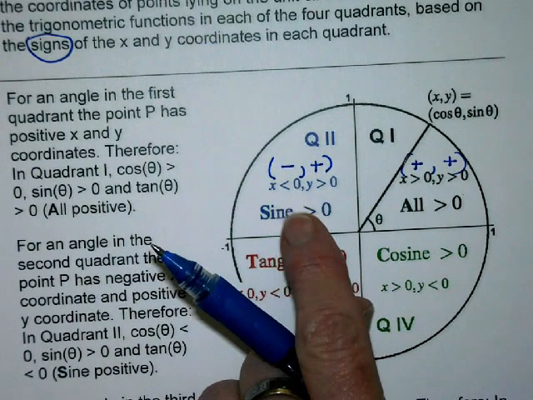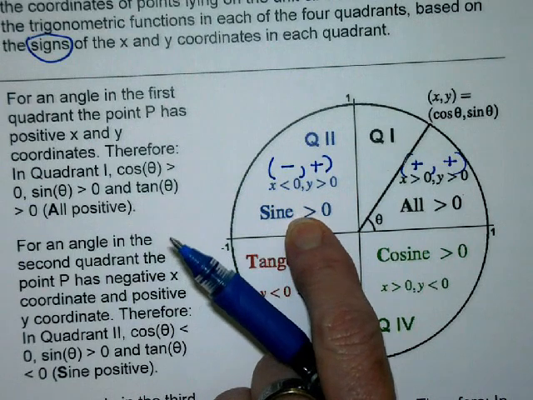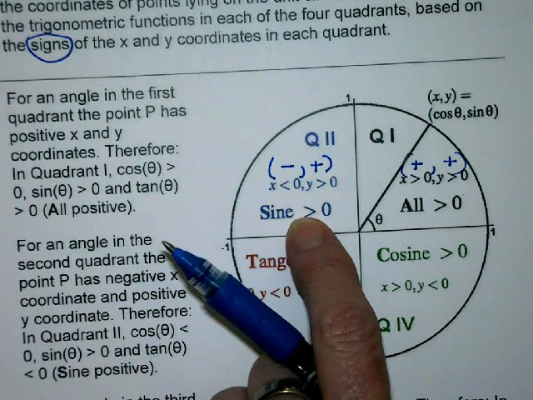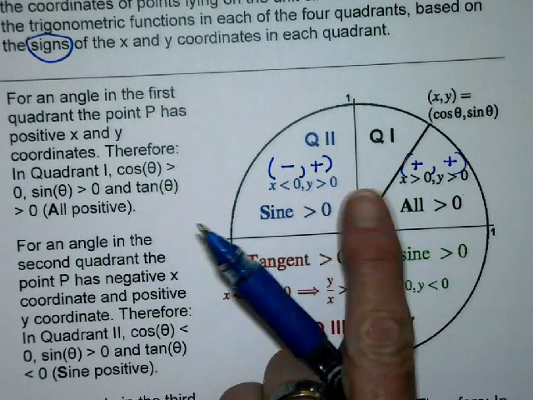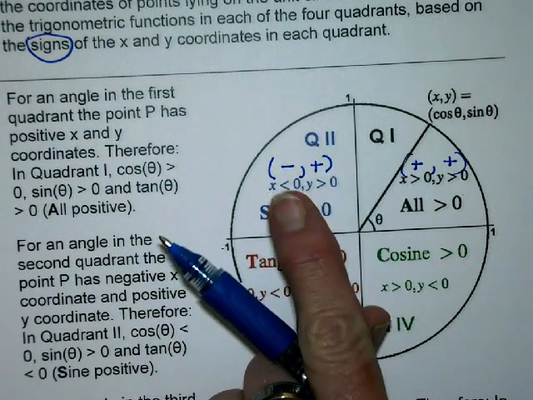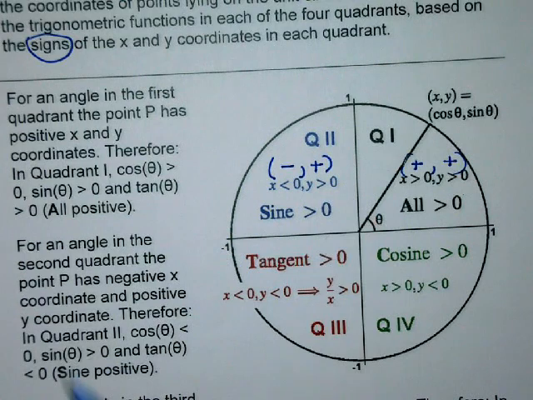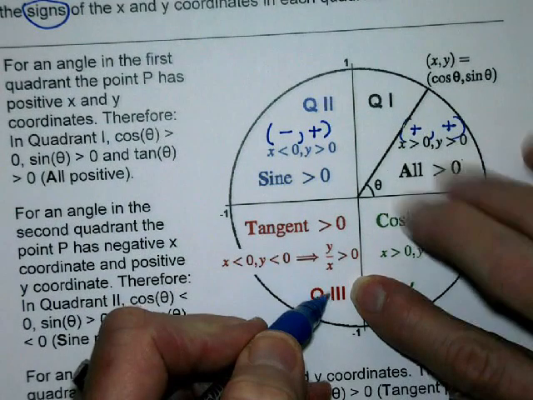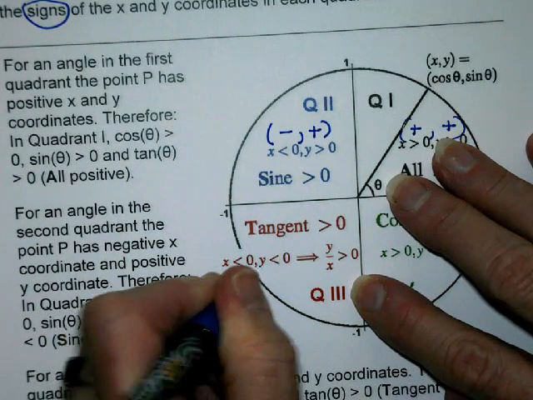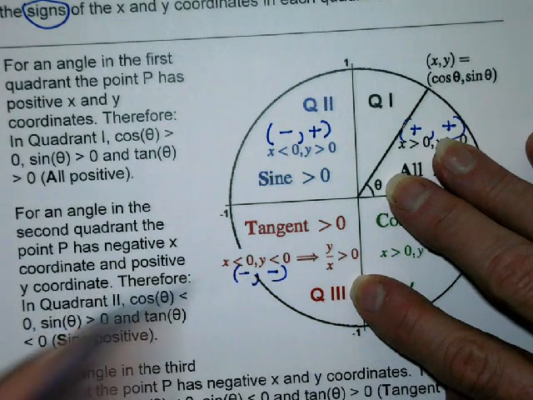Does that look familiar? Except we're tagging them with trig functions now. That's the only new idea, that instead of x and y, it's cosine, sine, and then when you take the ratio, it's tangent. So in quadrant 3, everything's negative, a negative ordered pair.